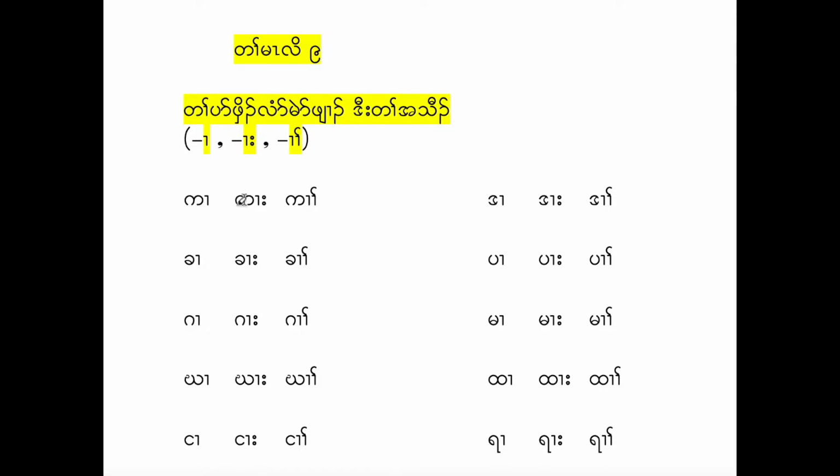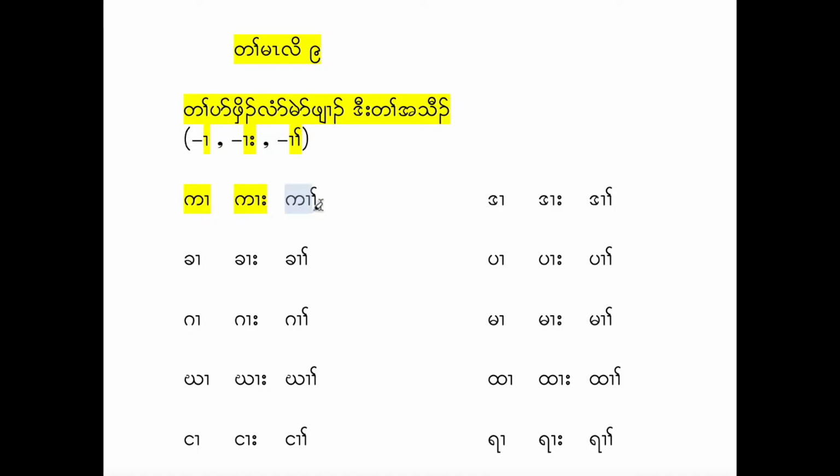So the first one is g, ga, g. Ga plus he, g.